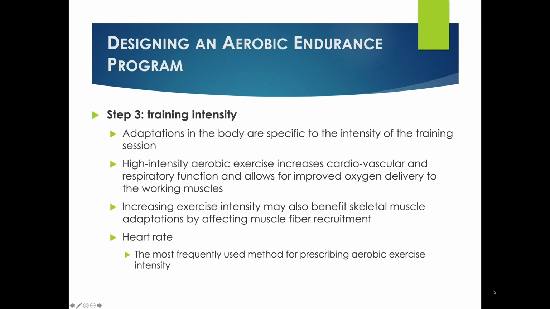I should have clarified that because there's two, type 2X and type 2A. Remember back to our muscles. Well, your type 2A have a lot more mitochondria, a lot more enzymes, a lot more fatigue resistant. So you will start to have a lot of adaptations to your type 2A, as well as then also more the type 1 as well. All those are more beneficial in terms of aerobic endurance training.